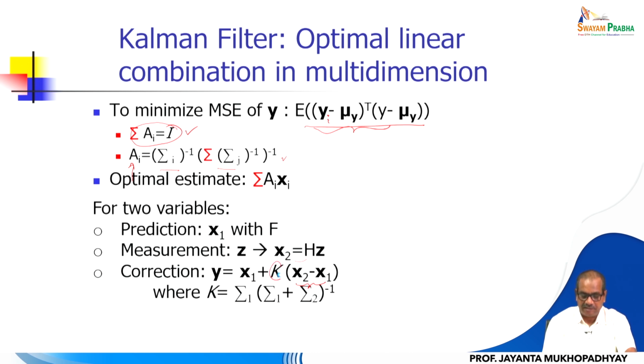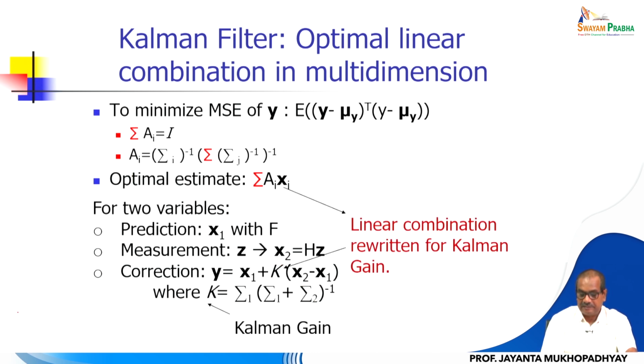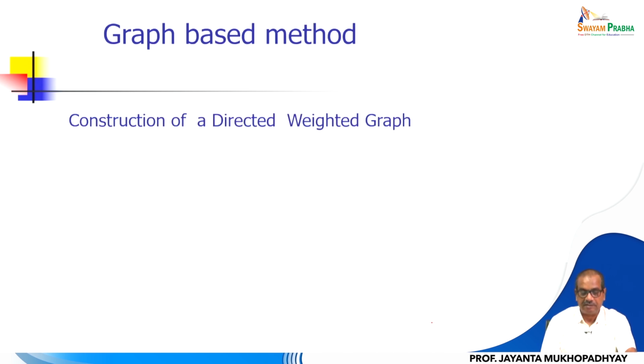This is the Kalman gain, and this is how the Kalman gain is also looked at here under this framework. So the linear combination is rewritten for the Kalman gain. And you can measure the uncertainty also. So this will be the uncertainty, and finally this should be the optimal uncertainty.